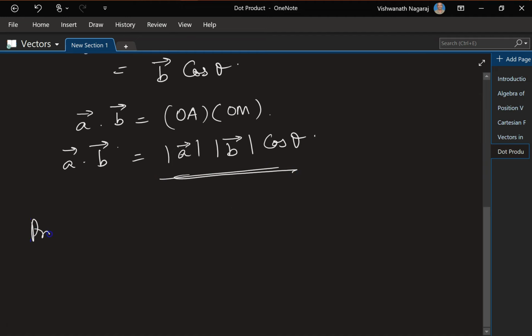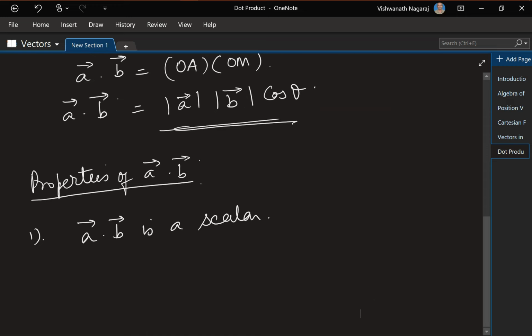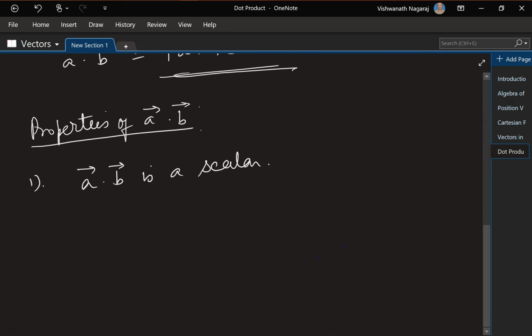Now let's look at some properties of the dot product. A dot B is a scalar. Remember, magnitude of A is a scalar quantity, magnitude of B is a scalar quantity, and cos theta is a real number. So the product would be a scalar.